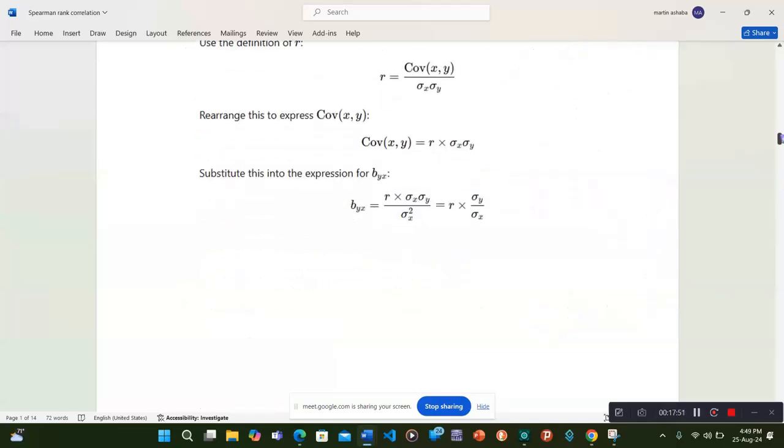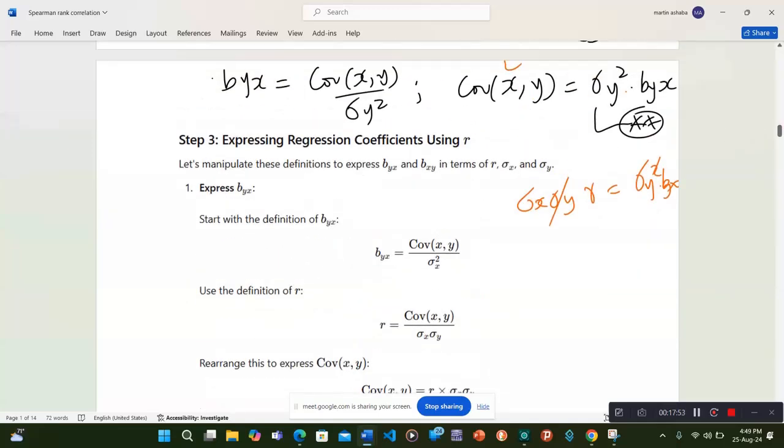In other words, I can divide both sides by sigma y. If I divide here by sigma y, that square will go, but I will maintain one sigma y. So what will be r? R will therefore equal sigma y divided by sigma x times byx.